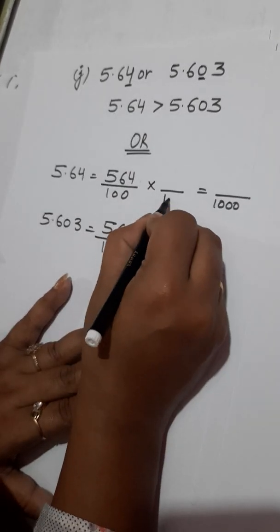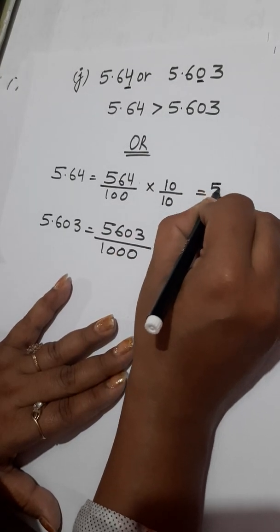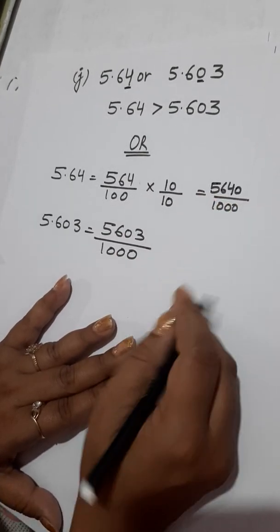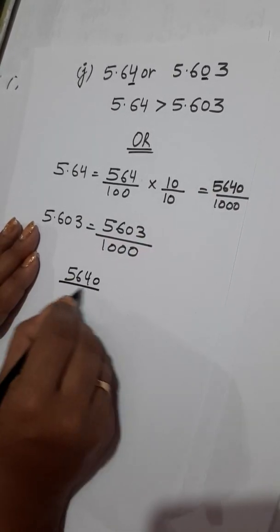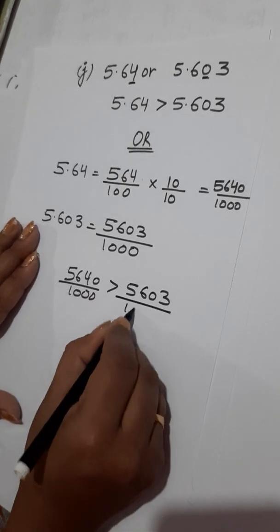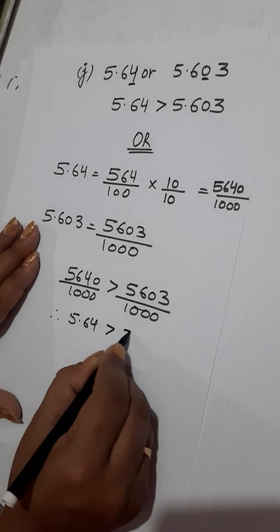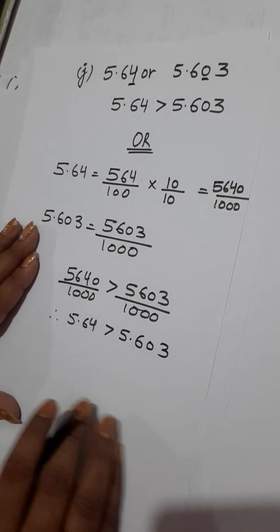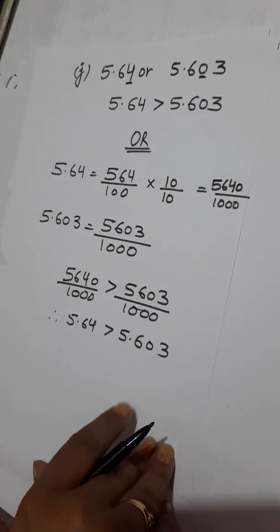It is clear, I will multiply both numerator and denominator by 10, so here I have 5640. So it is very clear that 5640 upon 1000 is greater than 5603. So therefore 5.64 is greater than 5.603. So this is all about the first question of exercise 8.3.